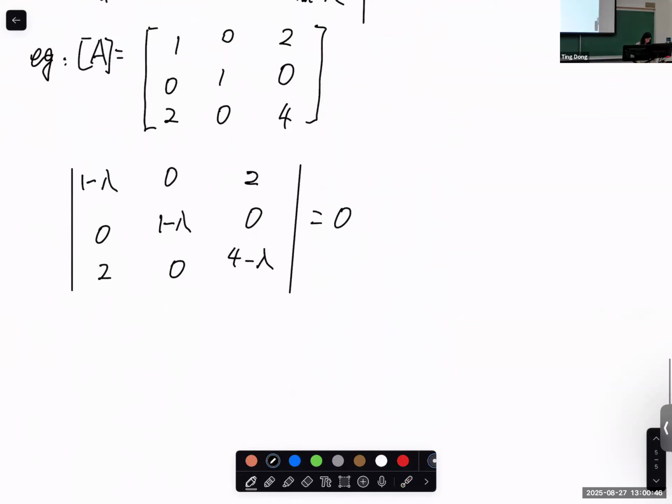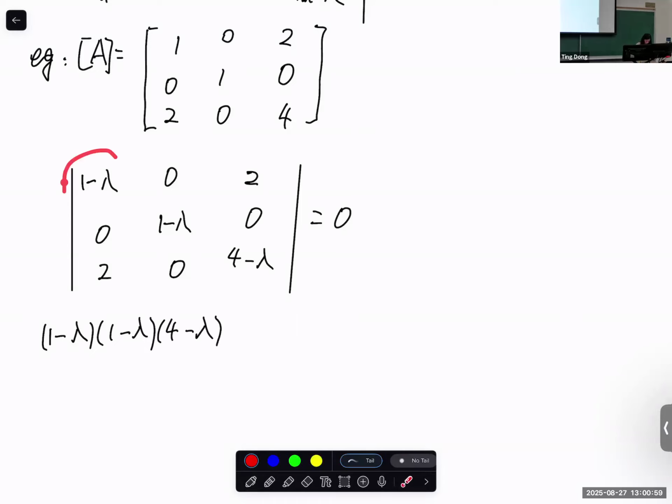So specifically for our example, I can write the first term and 4. So it should be this one times this one times this one minus 0 times 0. All right. And the second term, well, this is 0 here, so there's no second term. And the third term is 0 times 0 minus this one times this one. So I put the negative sign here, 2, 1 minus lambda equal to 0.